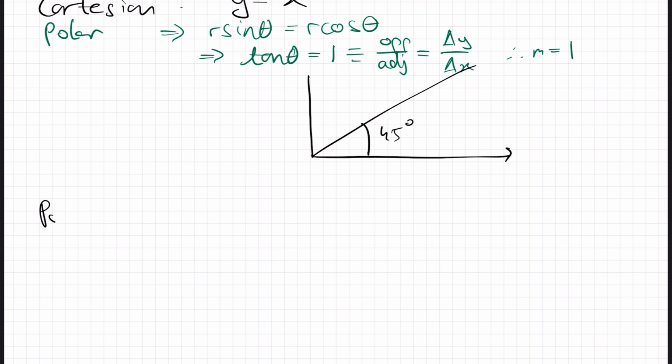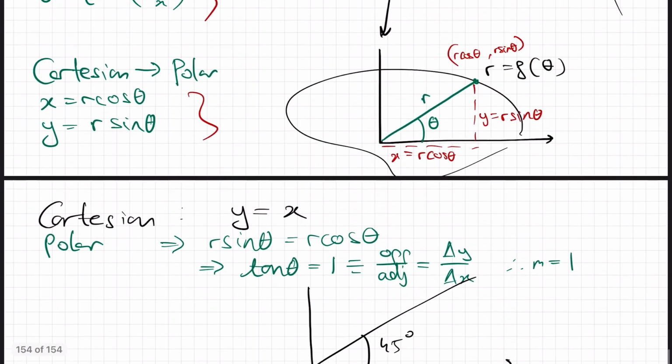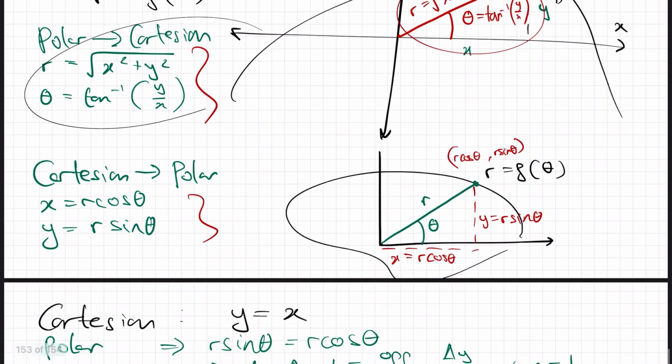Now let's look at another example. Let's convert the polar equation r equals 1, which, if you don't know, is just a circle of radius 1 because r is 1 at all points on this circle. We can use our polar to Cartesian equations.